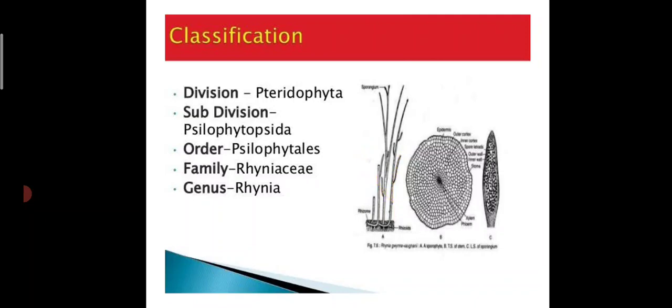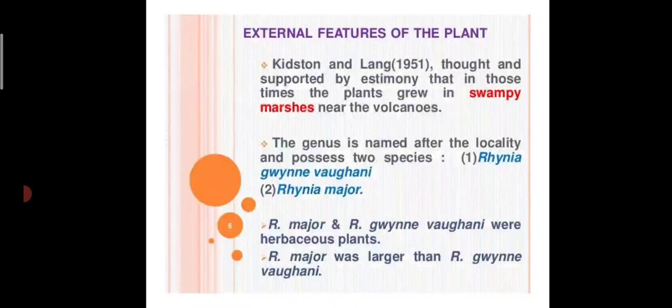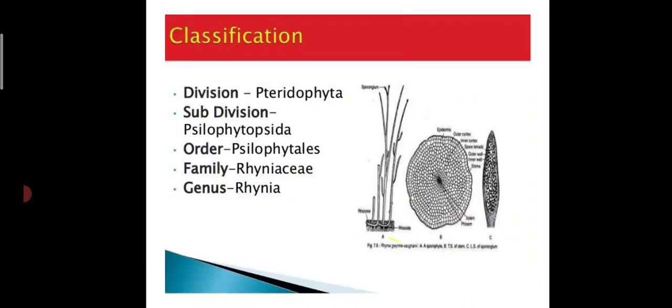And regarding the two species, Rhynia major and Rhynia gwynne-vaughanii, the two differ in their height. Rhynia major is about 50 centimeters in height, while the other one is around 20 centimeters only. They don't have any roots, but you can see rhizoids coming out of the rhizome.